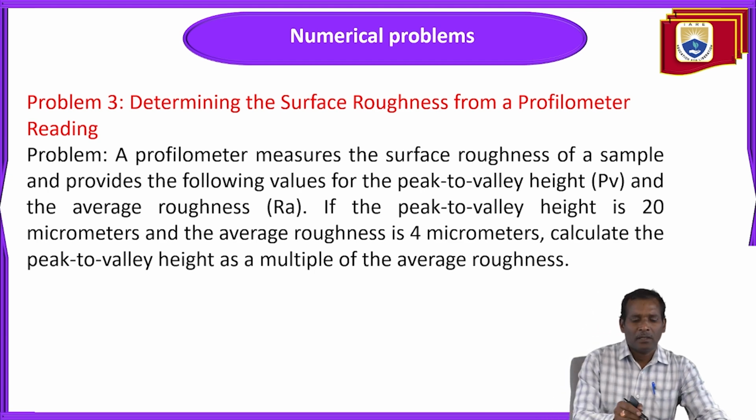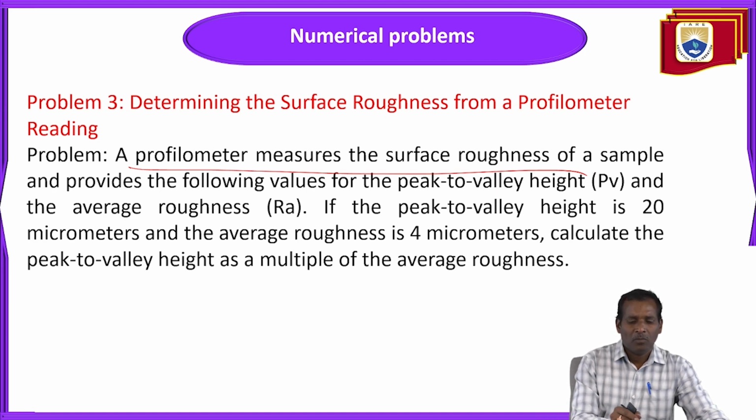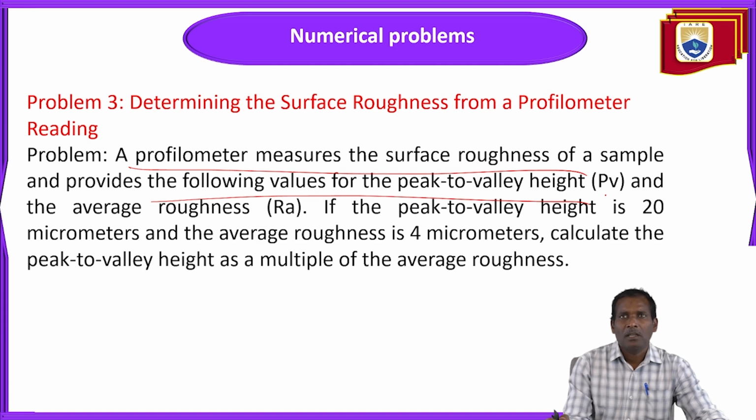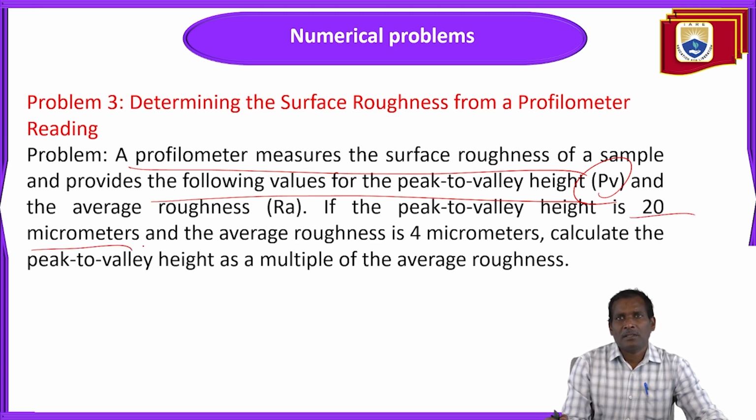A profilometer measures the surface roughness of a sample and provides the following values. The peak to valley height, that is PV, is 20 micrometer, and the average roughness is 4 micrometer.